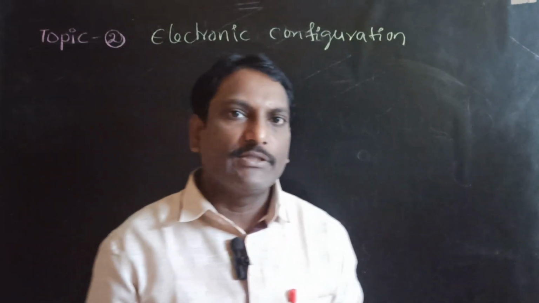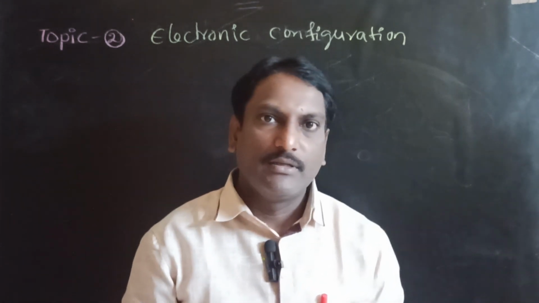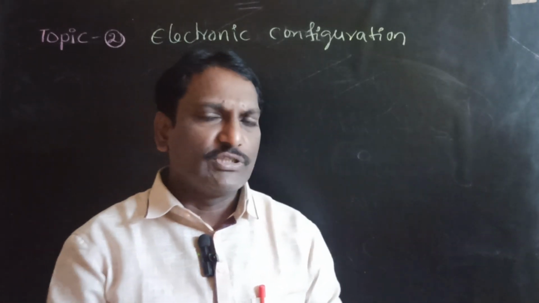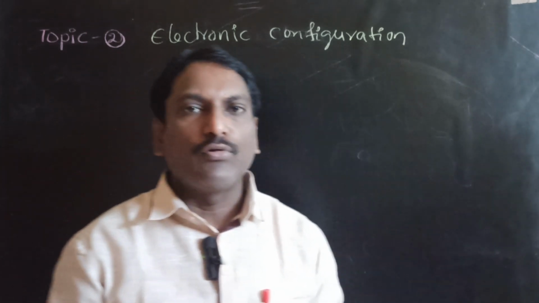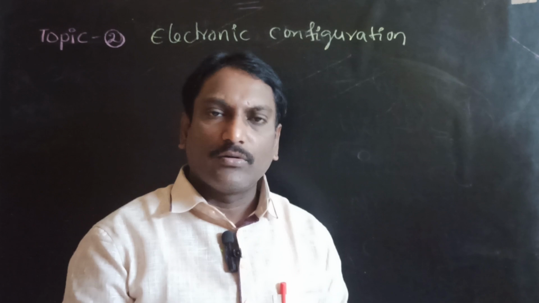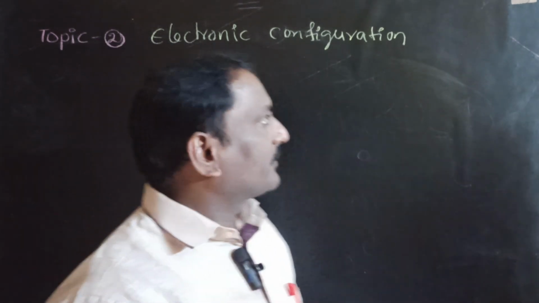Without electronic configuration, we are unable to understand the chemical behavior of the elements. If you want to write chemical formulas and equations, we require electronic configuration. Not only that, if you want to know the location of the elements in the periodic table, you must have the electronic configuration.